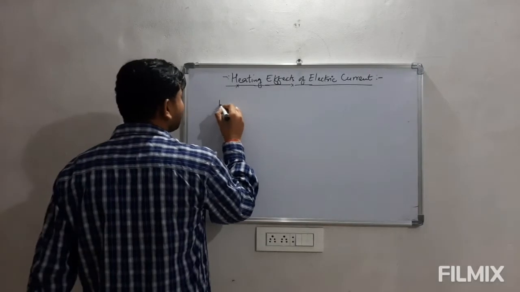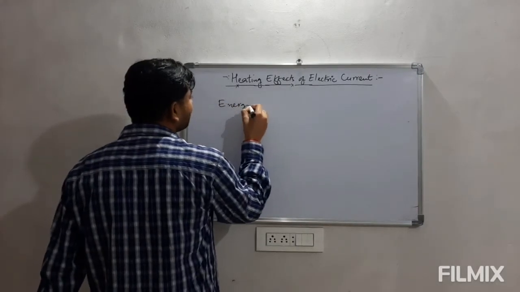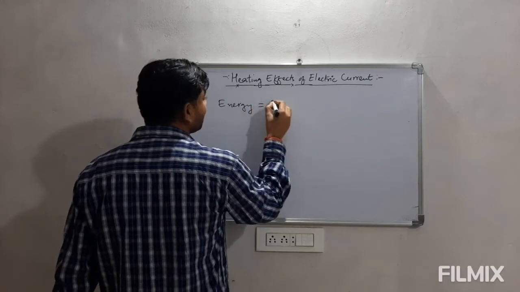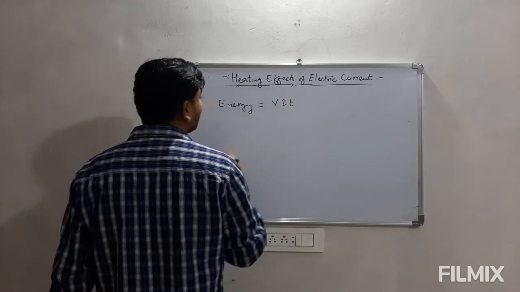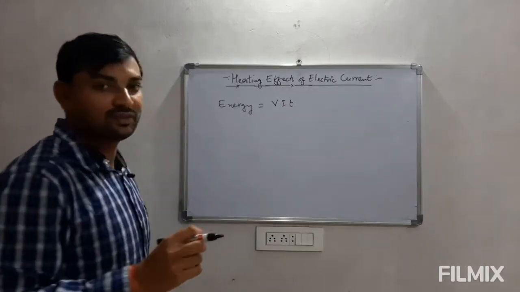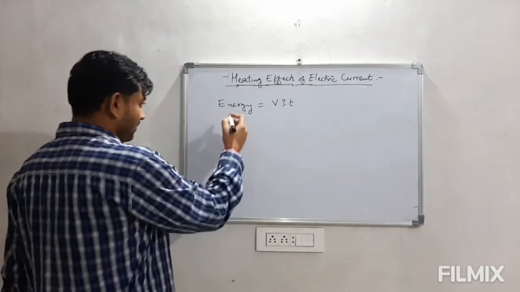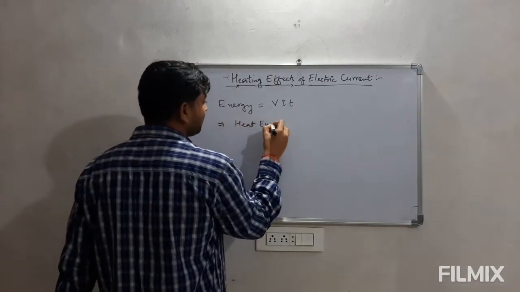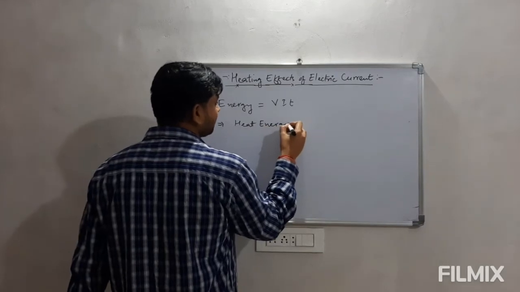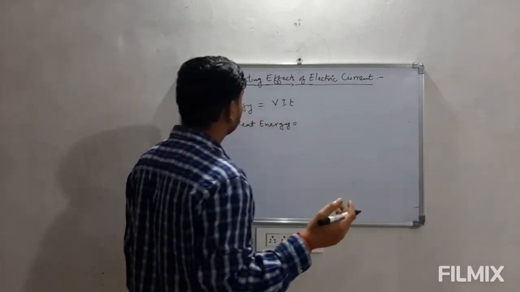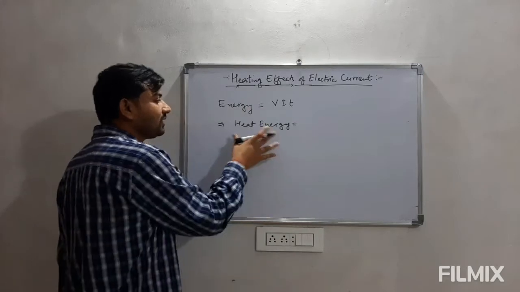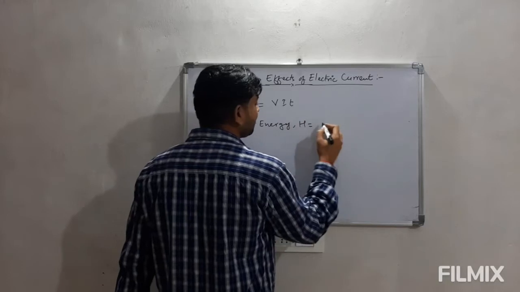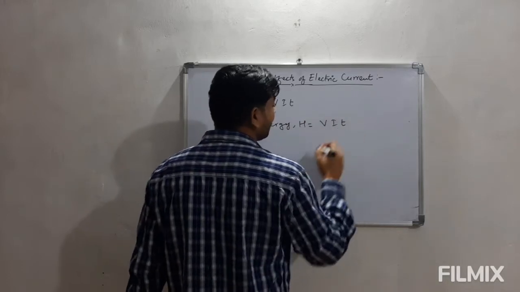So we can say this work done is nothing but the energy transfer from the source, written as VIt, and in most appliances this energy is used in the form of heat energy. Whatever energy is utilized in useful work, the remaining will be in this form, that is heat energy, which is denoted by H, and this is nothing but VIt.